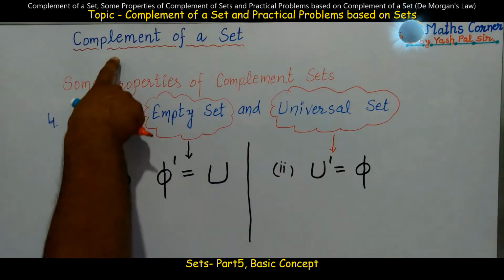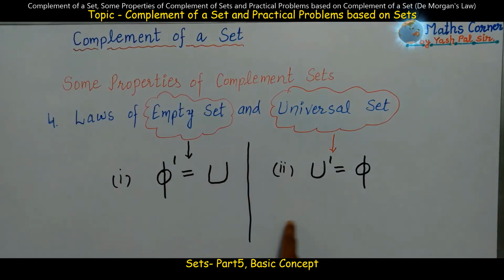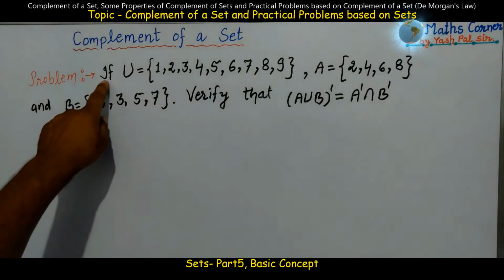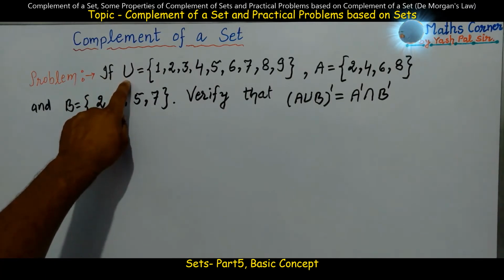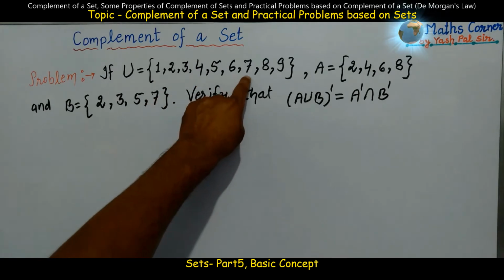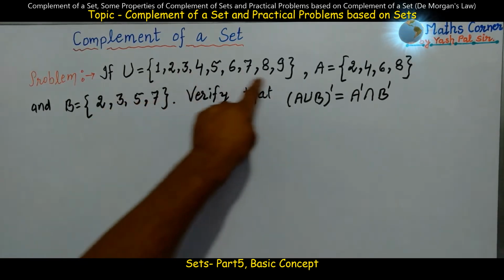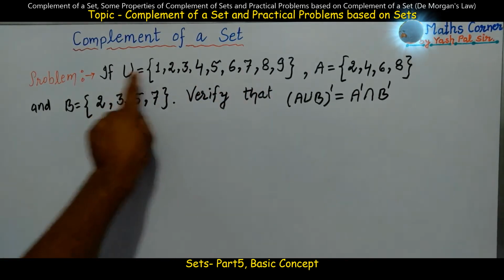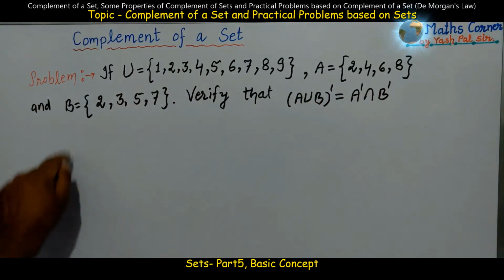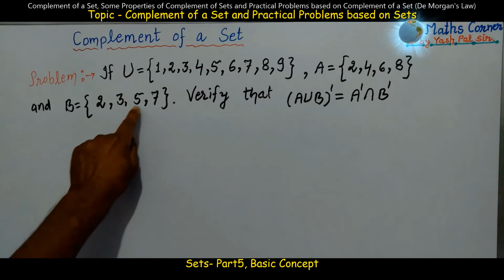Based on complement of a set, let us have one problem. If U, the universal set, is equal to 1, 2, 3, 4, 5, 6, 7, 8, 9, set A has the elements 2, 4, 6, 8, and set B has the elements 2, 3, 5, 7.